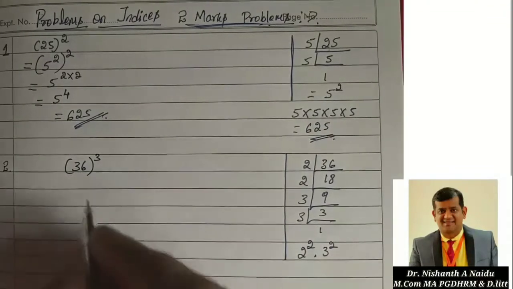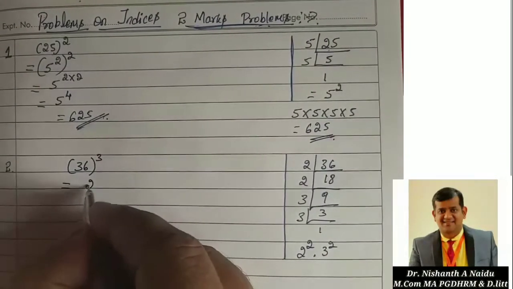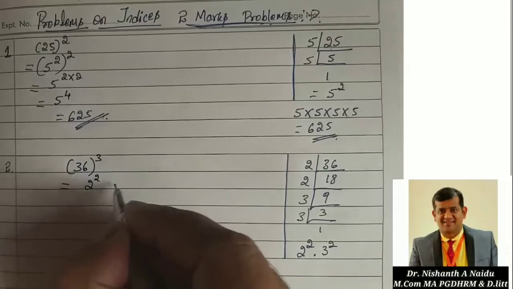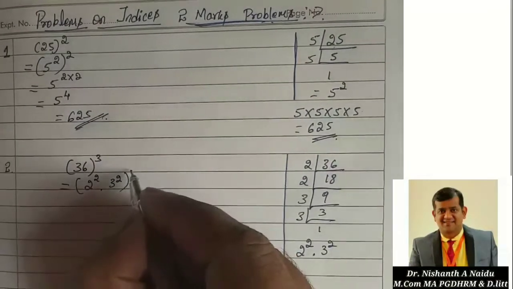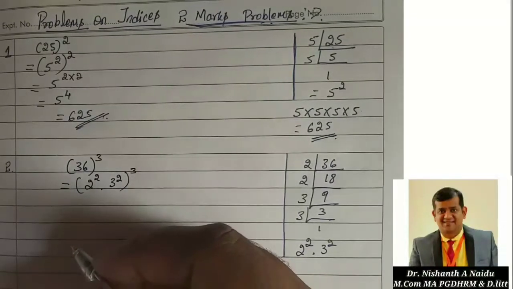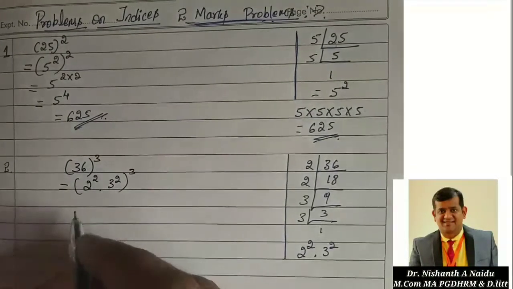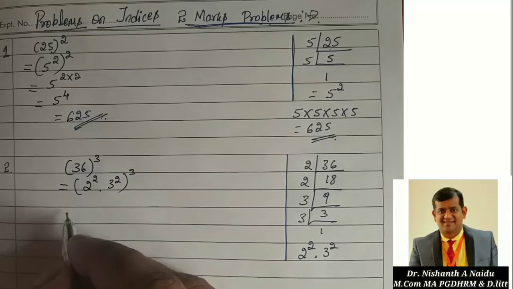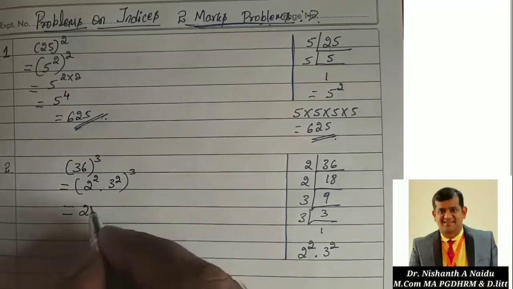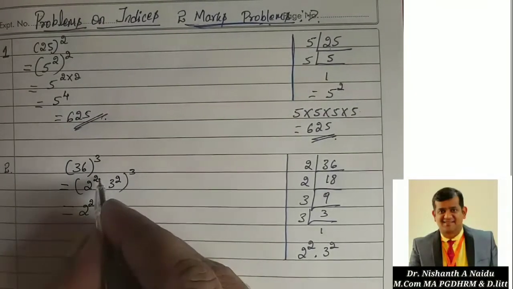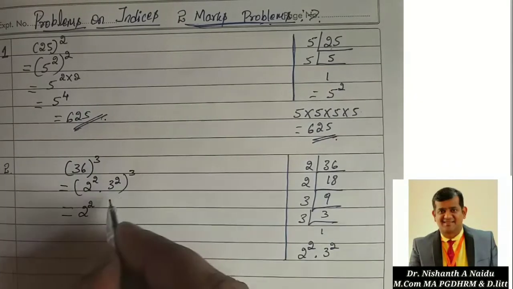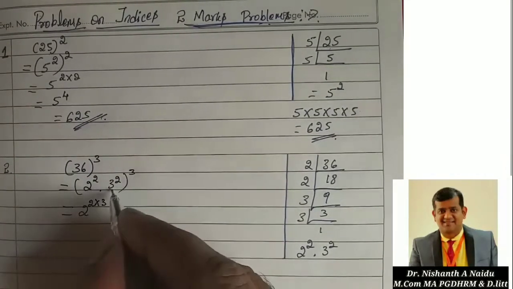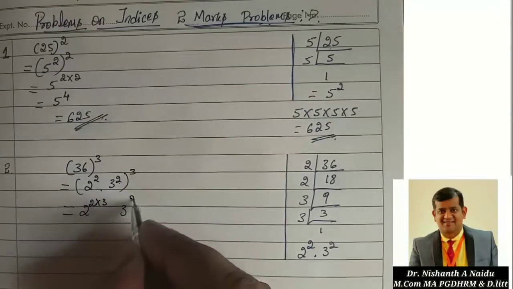So now I am going to take directly 2 to the power of 2 and 3 to the power of 2 whole power 3. Next I'll copy the same: 2 to the power of 2 whole power 3, that is 2 into 3, then 3 to the power of 2.